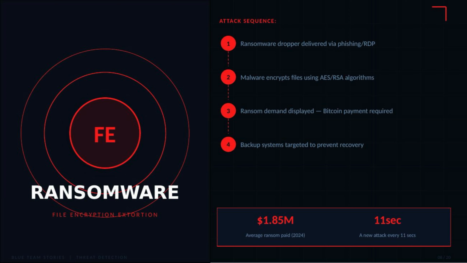Modern ransomware spreads rapidly across networks and targets backups, servers, and connected devices. Threat detection systems monitor for unusual encryption activity, rapid file modifications, privilege escalation, and suspicious lateral movement in order to stop ransomware before it spreads further.